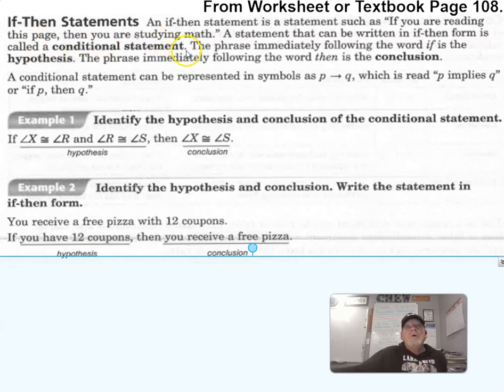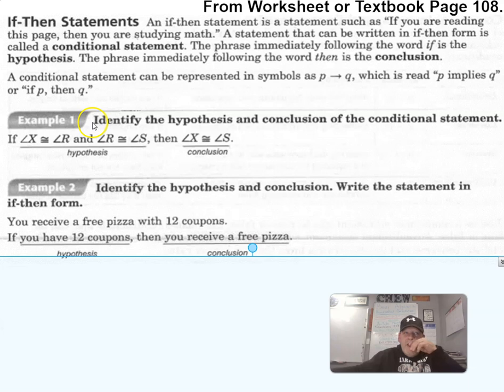That's just to review that vocab. The phrase immediately following the word if is the hypothesis, and the phrase immediately following the word then is the conclusion. A conditional statement can be represented with symbols P and Q with that little arrow, which is read P implies Q, or if P then Q.